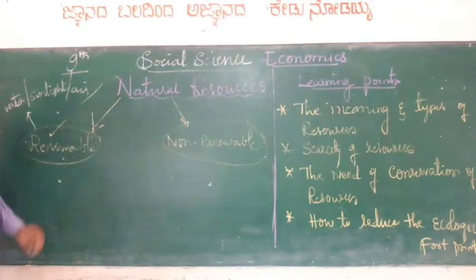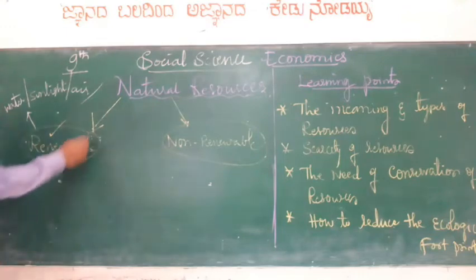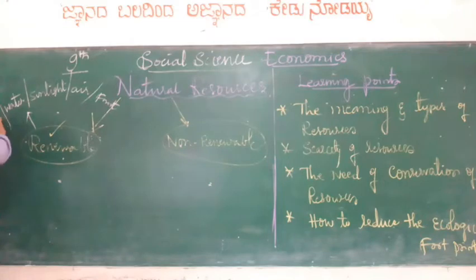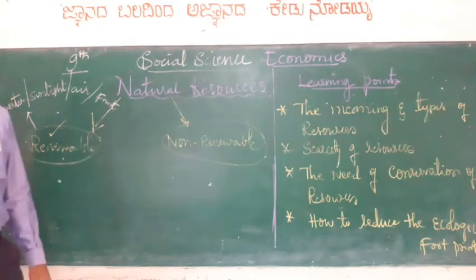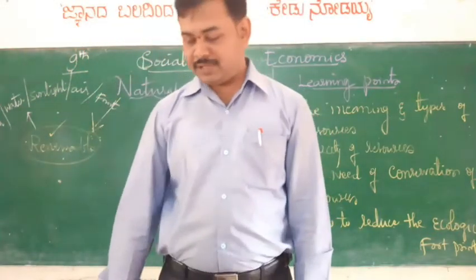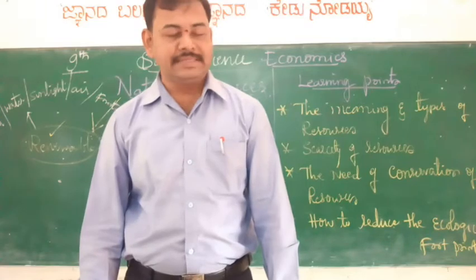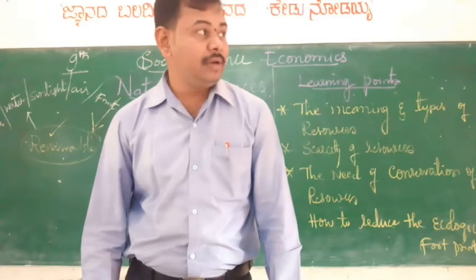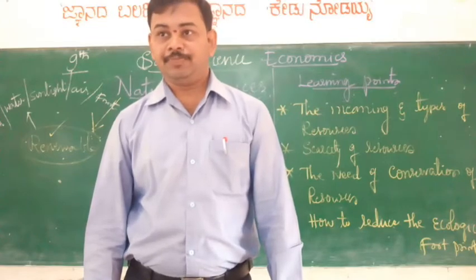Very good. Next thing is forest, then land, sunlight, air and heat. These are the renewable examples. And let us see the non-renewable resources.